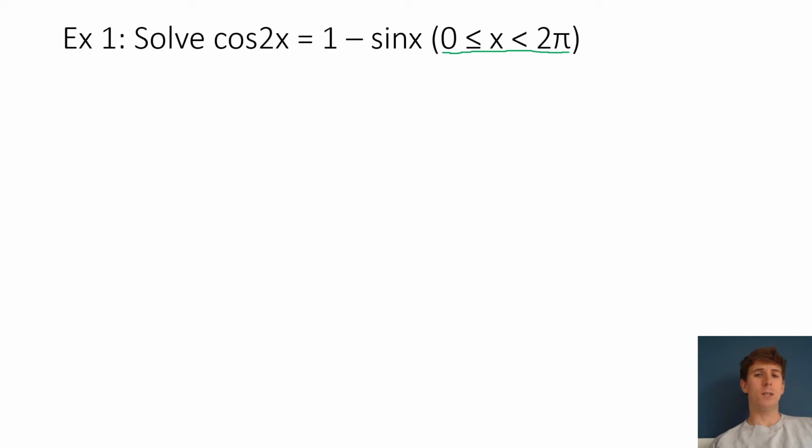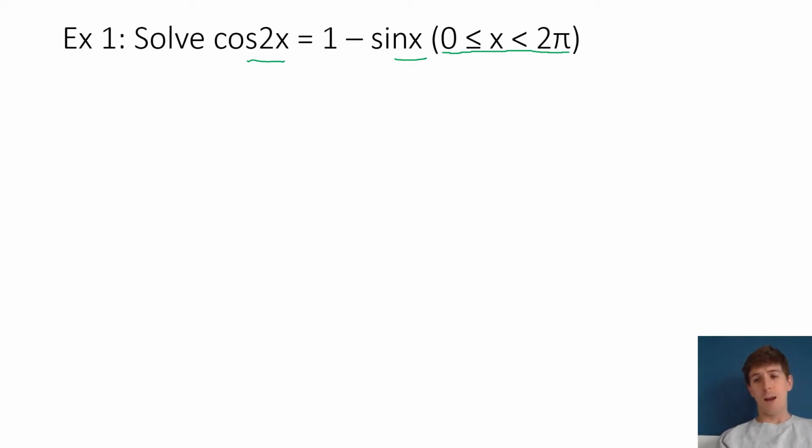And here we have an example of a problem that is in both 2x and x. If you remember the strategy from the last slide, we wanted to convert this into just functions of x. So I'm going to use an identity to convert that cosine 2x into just a function of x.